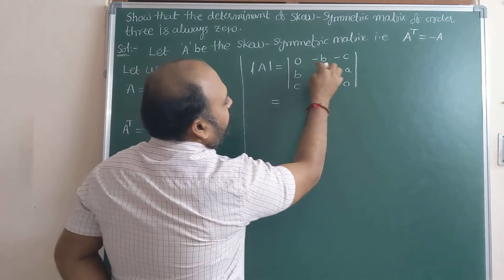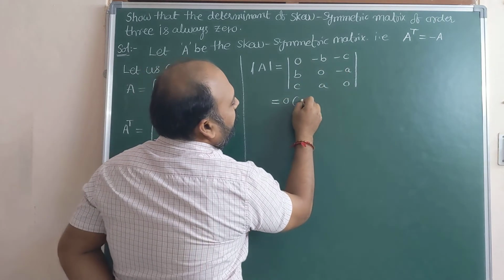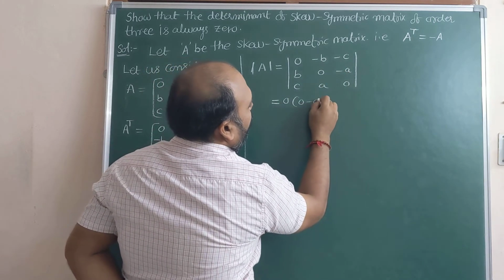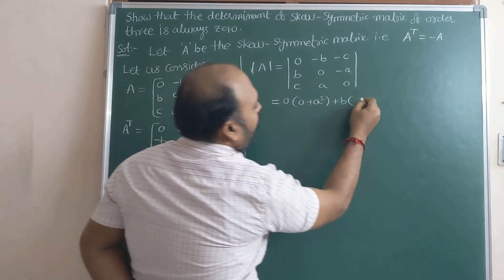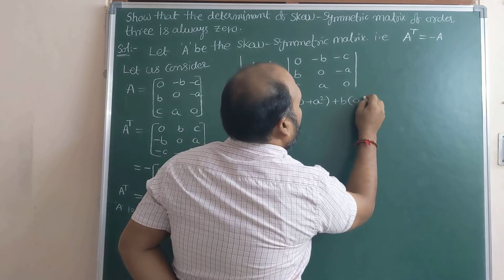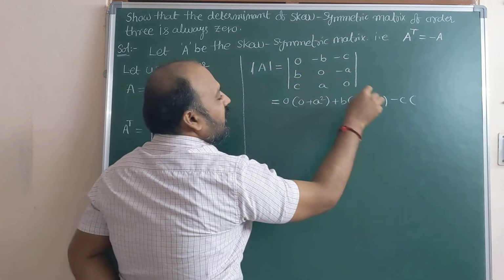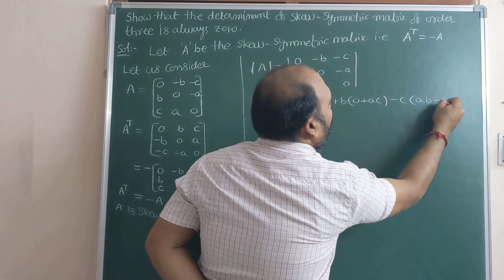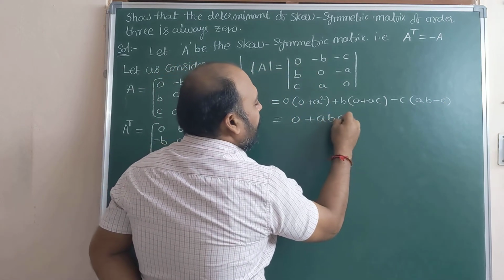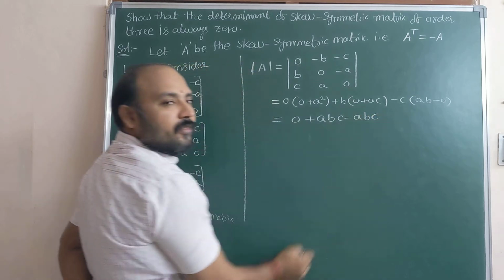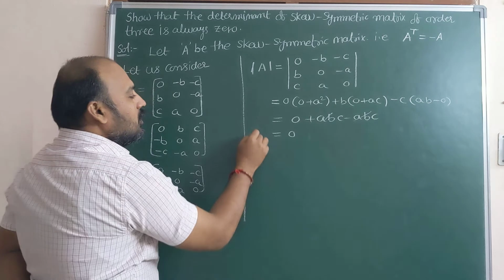Now, 0 into anything is 0. Next plus B into 0 plus AC. Expanding minus C into AB minus 0. So 0 plus ABC minus ABC, which is equal to 0.